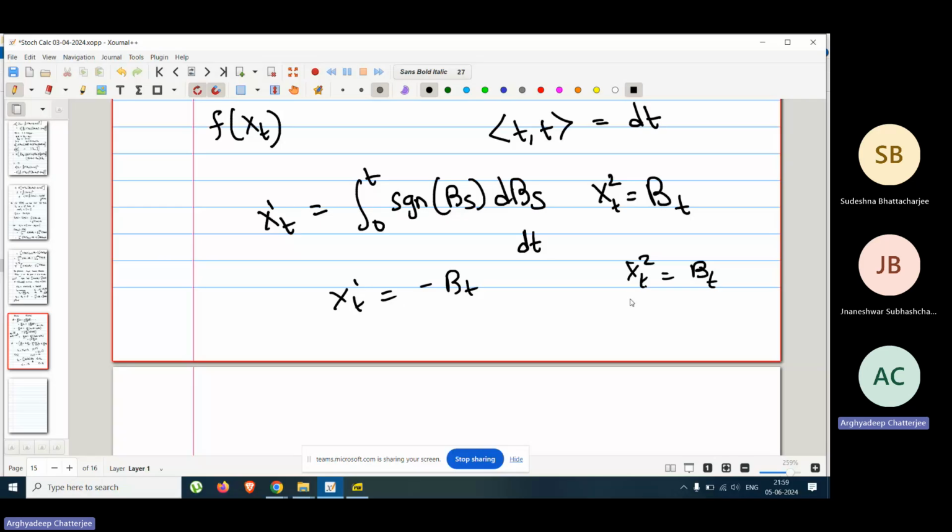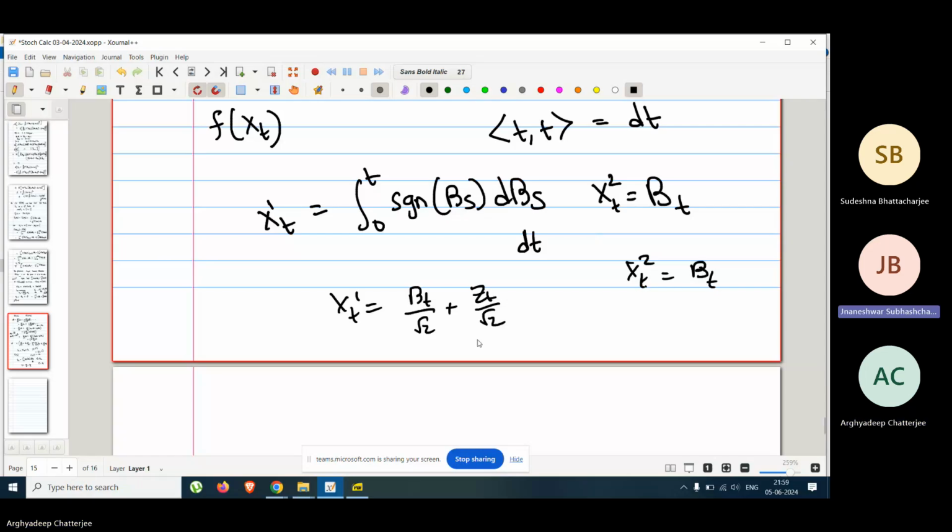So, for example, in the one you took, suppose xt2 is bt and xt1 is bt by root 2 plus zt by root 2. Is that a Brownian motion? The variance is half, so yes, this is a Brownian motion, and say z is independent of b.